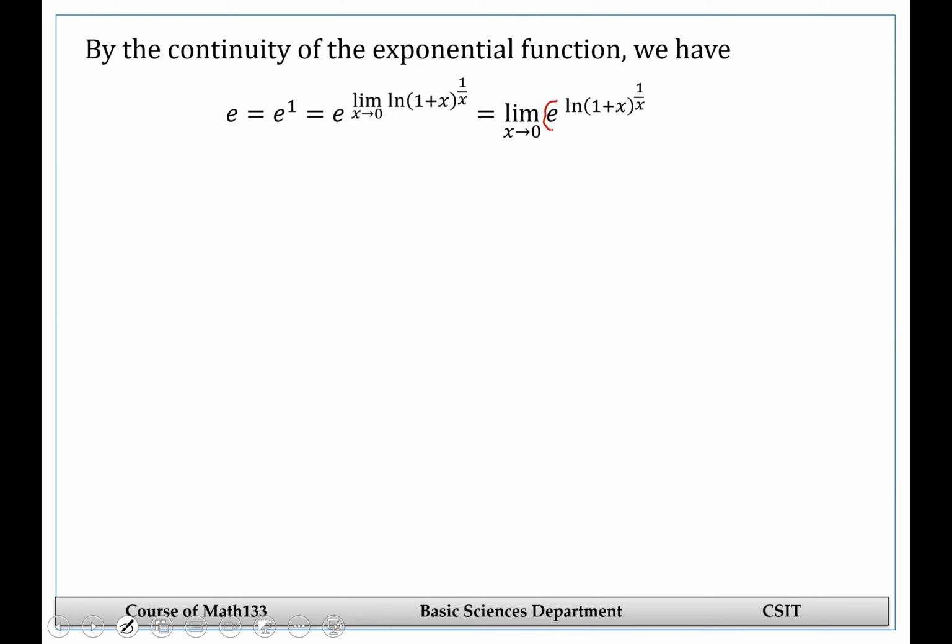And when we have here e and ln, they will cancel each other. So we will keep just 1 plus x power 1 over x, and that's the limit that we have.